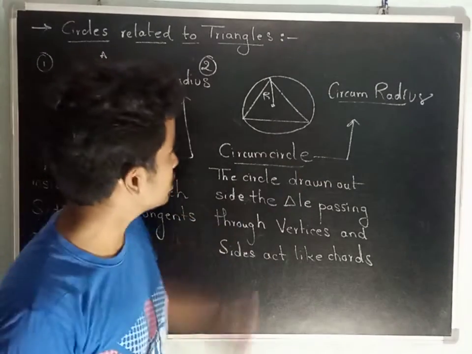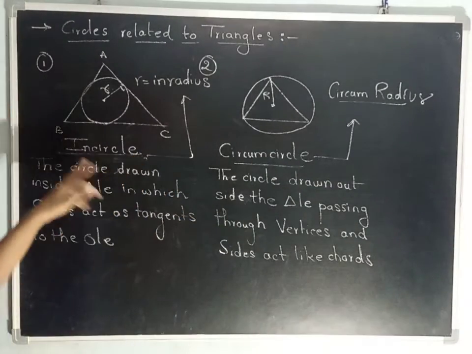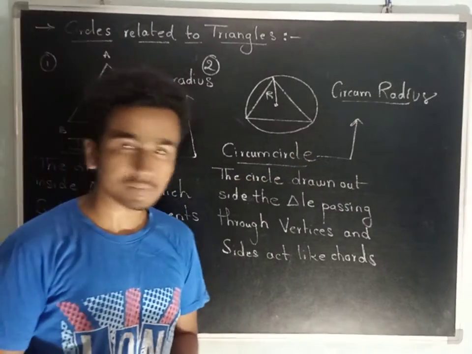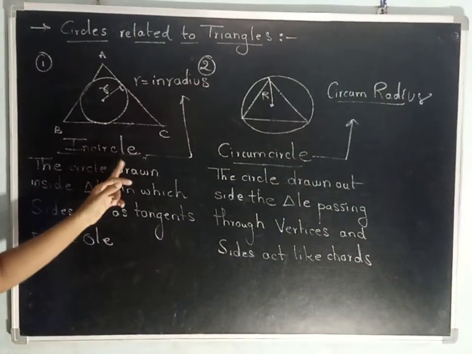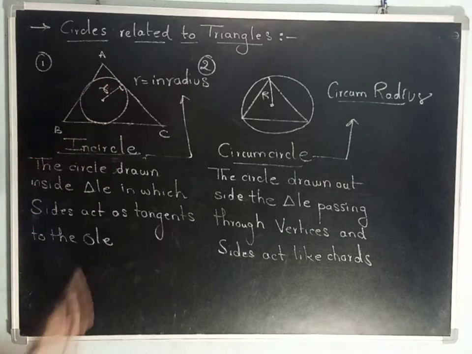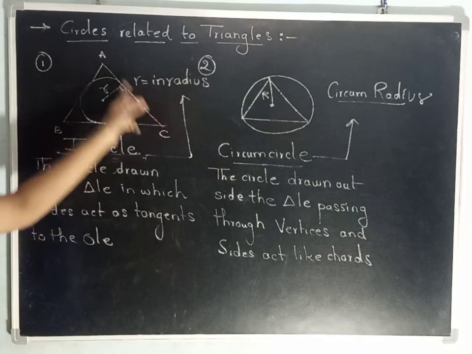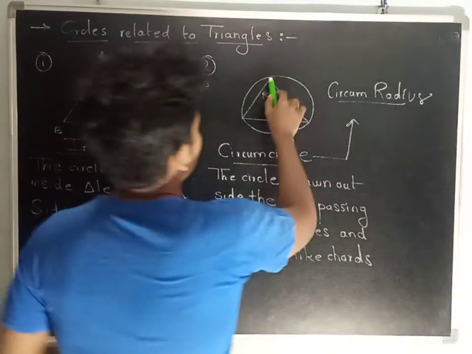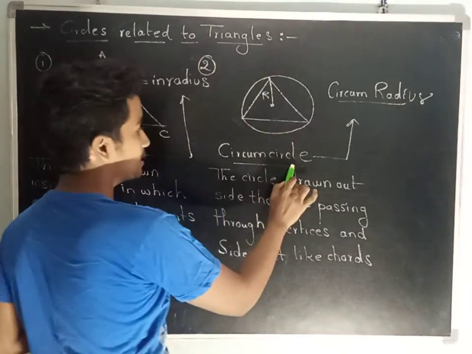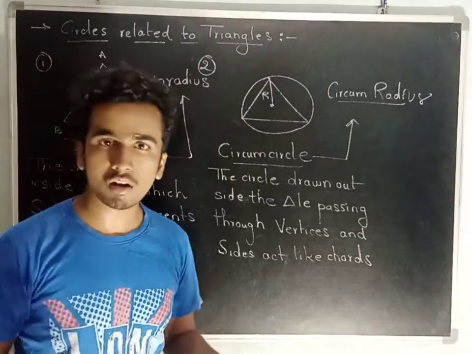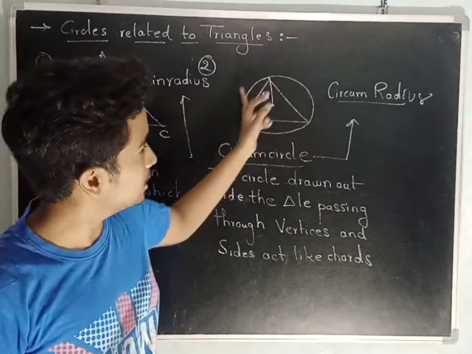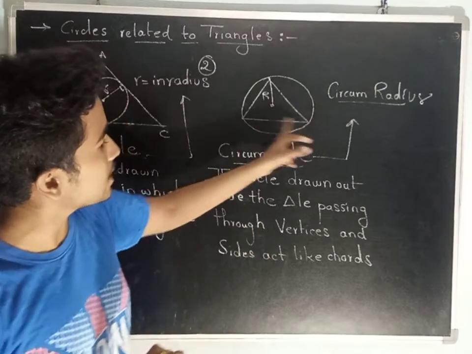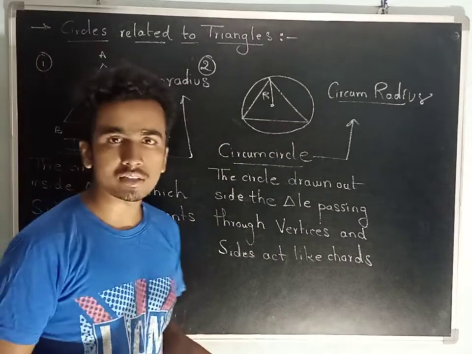This is what the basic terms you need to understand. Incircle, inradius, circumcircle, circumradius. Incircle is nothing but the circle drawn inside the triangle so that the sides of the triangle act as tangents. Circumcircle is nothing but the circle drawn outside the triangle so that it passes through the three vertices of the triangle and these sides act like chords.